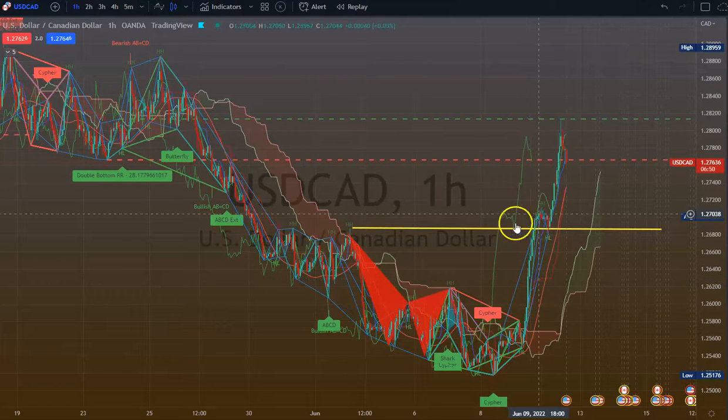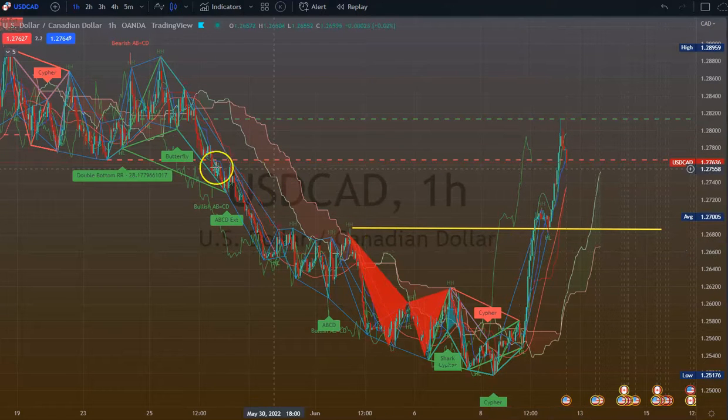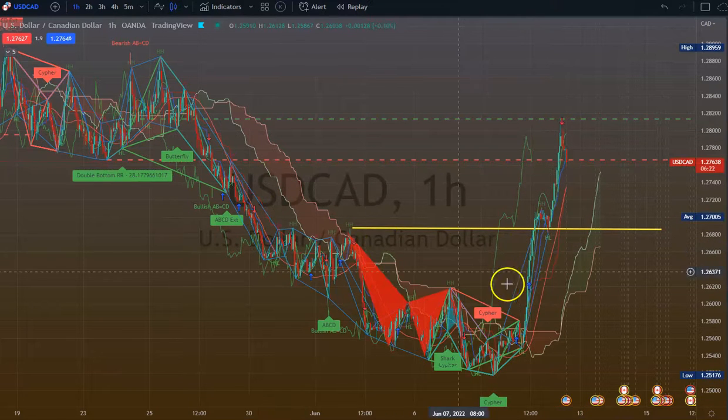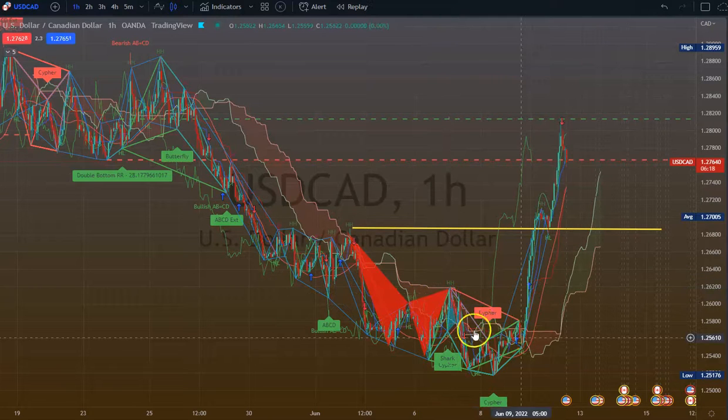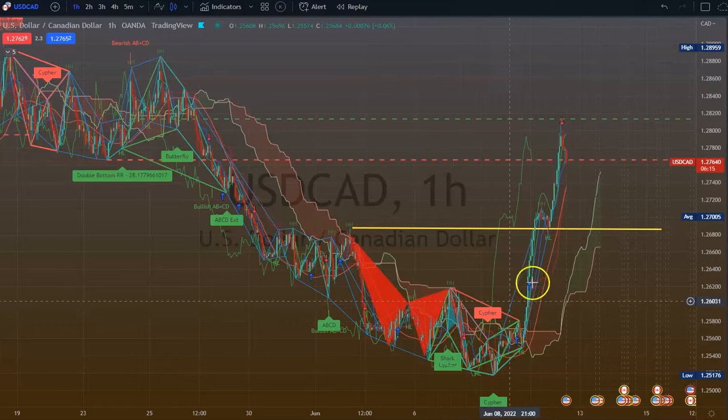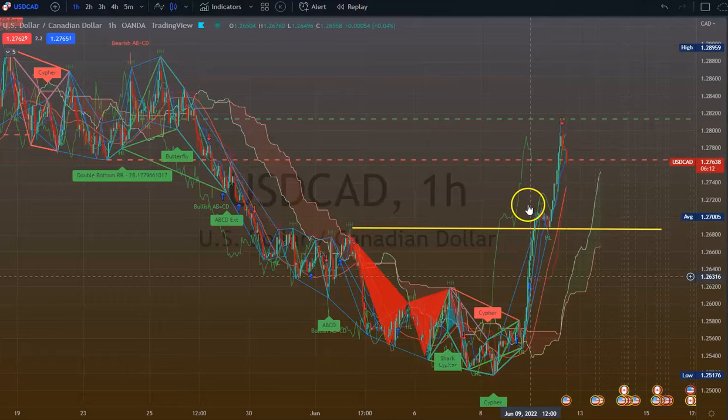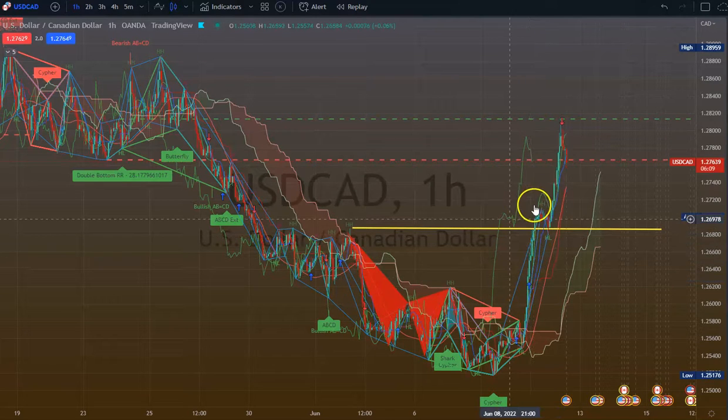I said it would come up and do a little retest. It did the retest and took off. I got it somewhere in here. Right when it broke out of this, I bought on this candle, about right there.